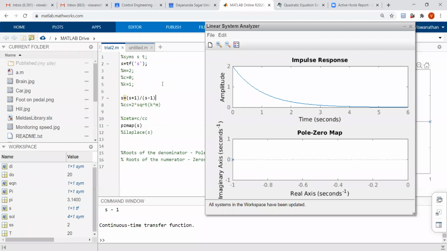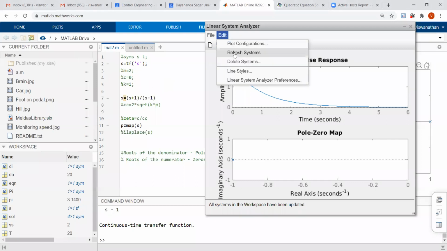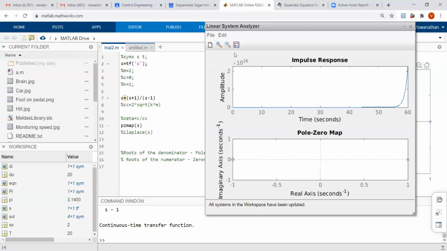I want some response. Hello? What is the value of 0 here? 0 will be at -1, sir. Yeah, 0 will be at -1. So we'll refresh this. Can you see a 0 at -1 here?